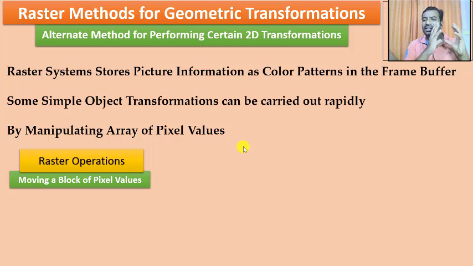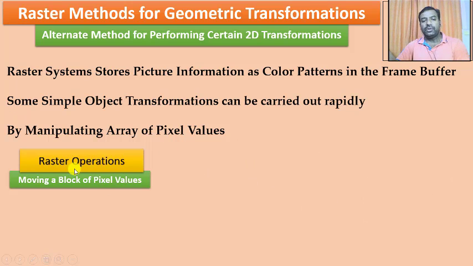Now in this frame buffer, the entire pixel array, you can create a block of pixels, and on that block of pixels you can perform any geometric transformation, specifically a 2D geometric transformation. Hence we say which block of pixels we are going to subject to the transformation. On that block of pixels, we are going to perform the raster operations.